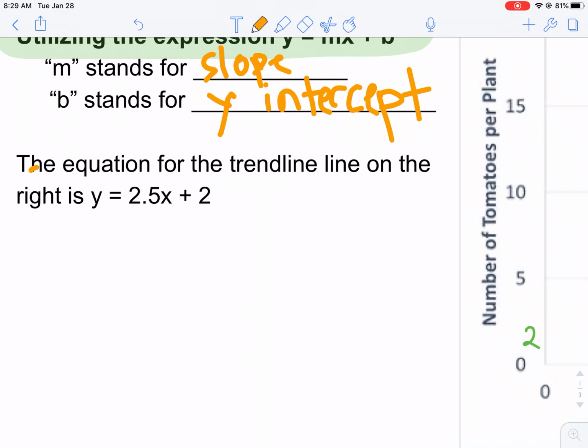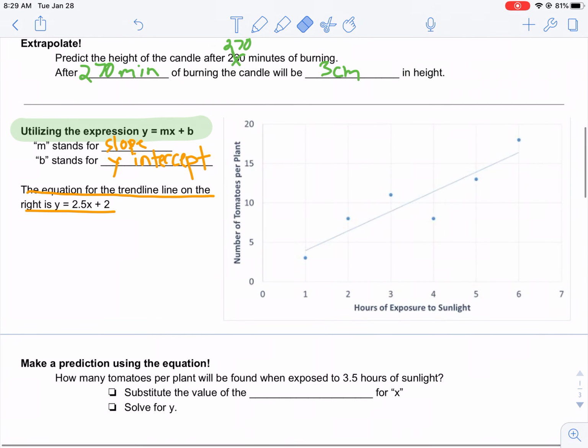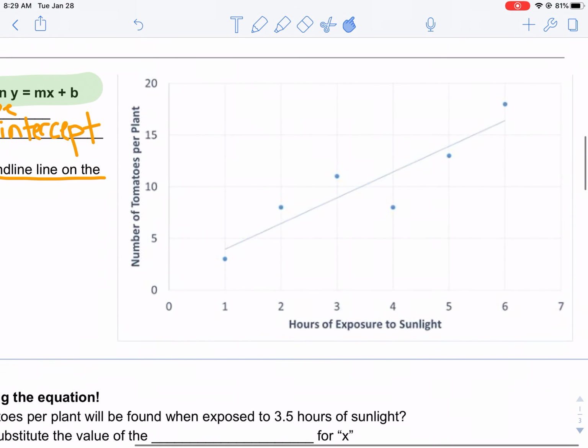It says the equation for the trend line on the right is y equals 2.5x plus 2. So we got this experiment here: number of tomatoes per plant and the hours of exposure to sunlight. As the plants get exposed to more sunlight, these plants are going to have more tomatoes growing on them.